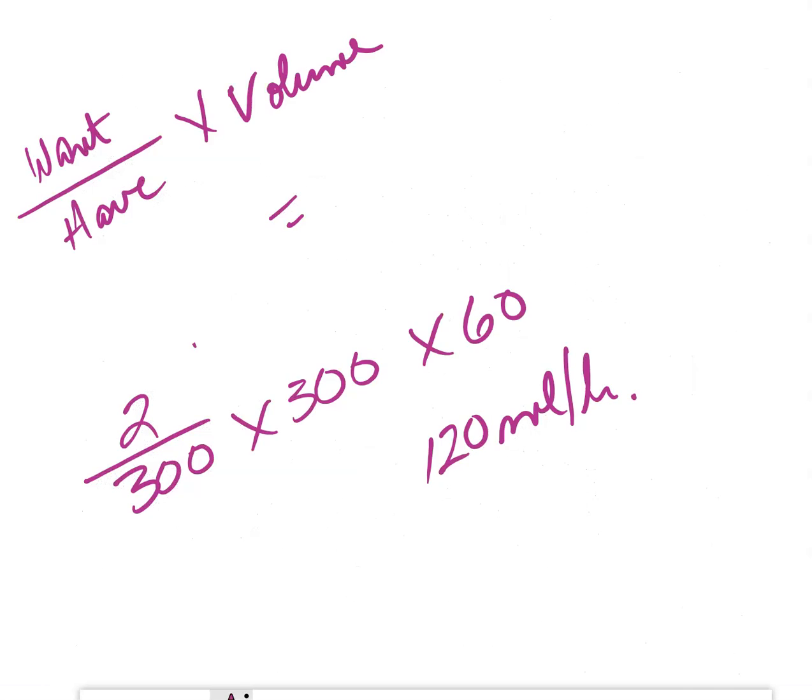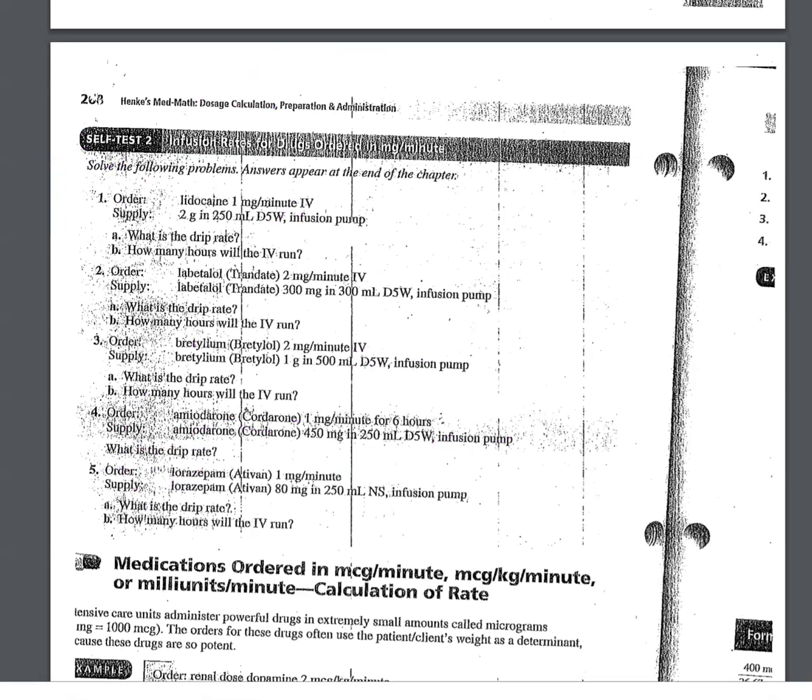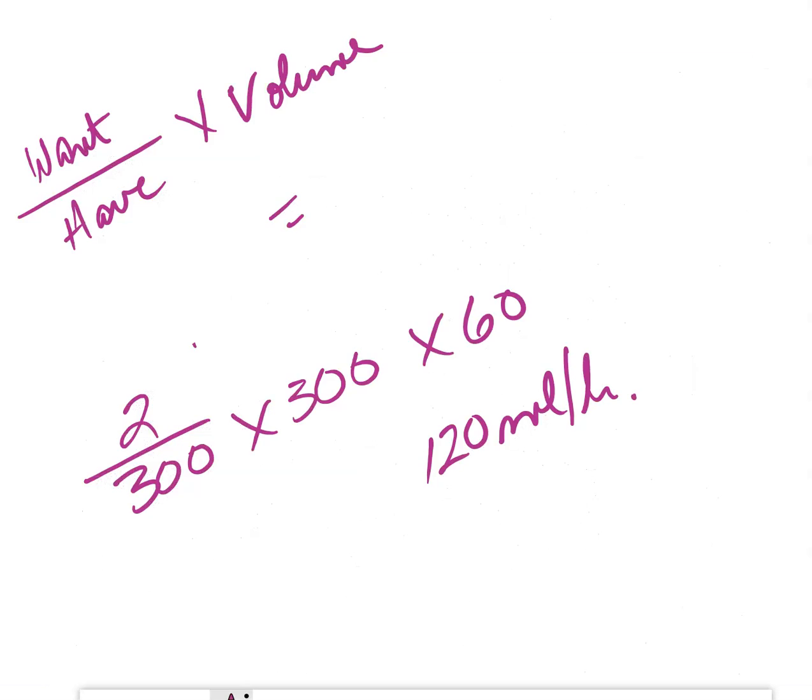And then it's asking how many hours will the IV run. So what I do is take the 120 and put it into the 300. So 300 divided by 120 gives me 2.5. So it's 2.5 hours, which is 2 hours and 30 minutes.